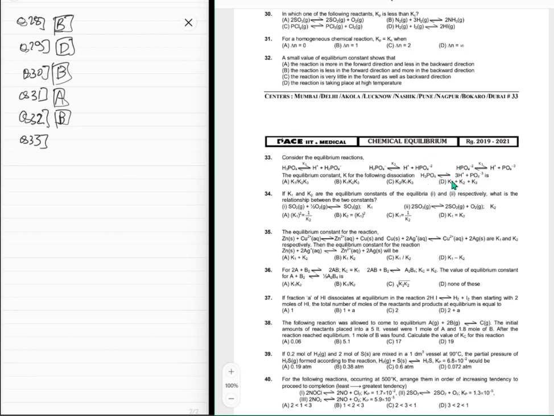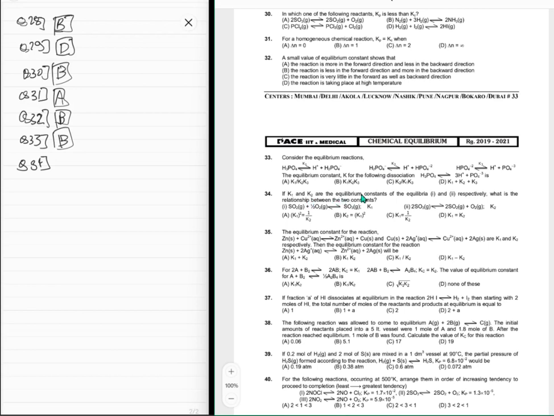Then just multiply all of them together. So it's K1, K2, K3. What's the big deal about it? It's just all three of them together. Question number 34. And you can of course do it from the basics, write the equations, multiply them together, and you will see that yes, K1, K2, K3 is the equilibrium constant.